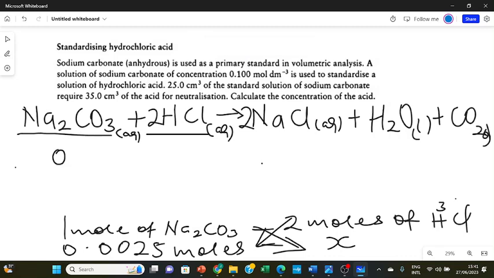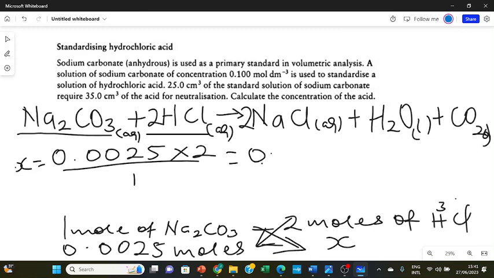So it will now be 0.0025 times 2 over 1. So x will be equal to 0.0025 times 2. So you have what? 0.005 moles of what? Of the hydrochloric acid, which is HCl.